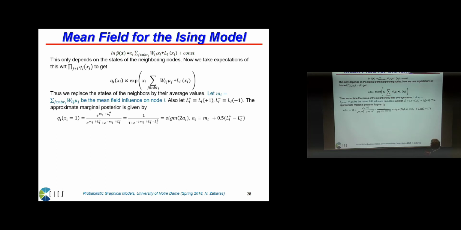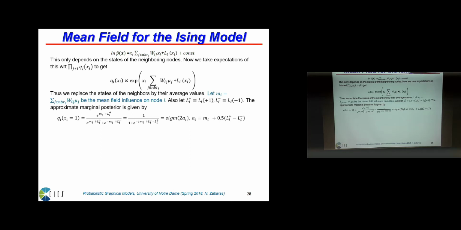So will you agree that qi for xi equal to 1 is e to the mi plus Li plus, divided by this normalization factor, right? Okay. If I rewrite this, I can do it like this, and immediately you see that this qi of xi equal to 1 comes to be a sigmoid. Okay. So that's a very nice result.